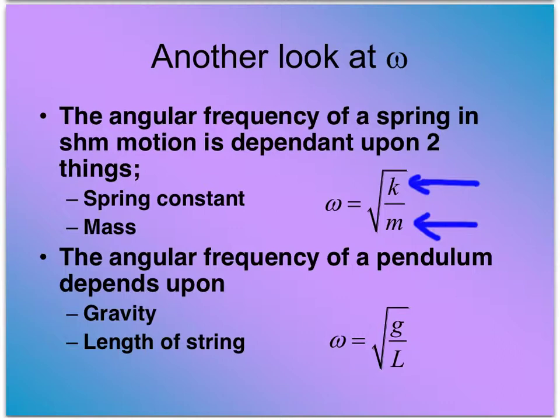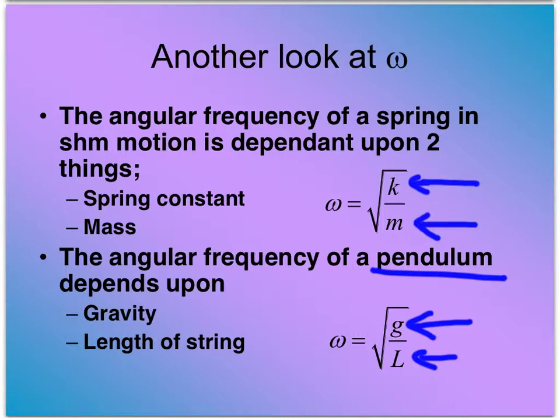When we're talking about pendulums, same kind of idea here, except we have g, which is the gravitational acceleration, and L is the length of the string. And you can hopefully see the similarities between pendulums and springs. k is our spring constant, g is the acceleration due to gravity.